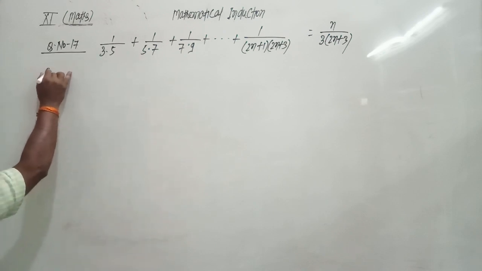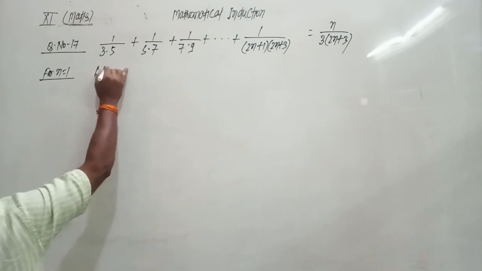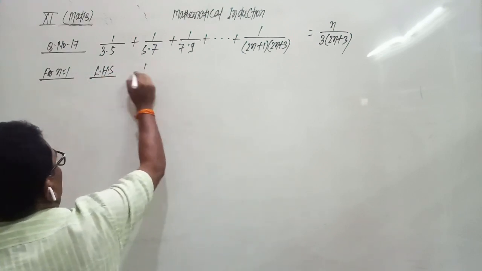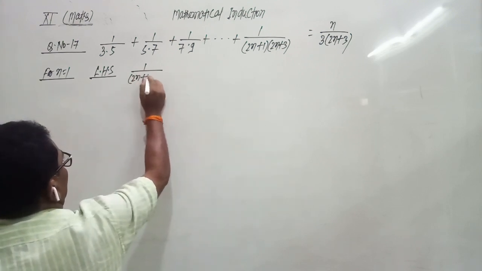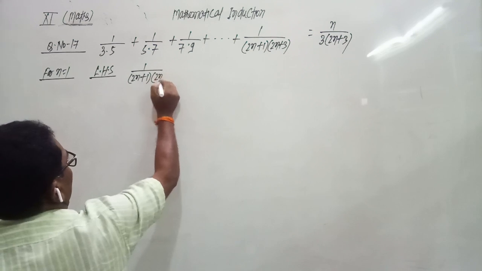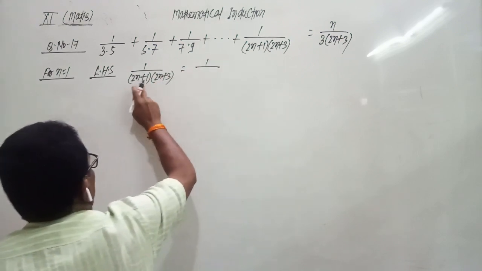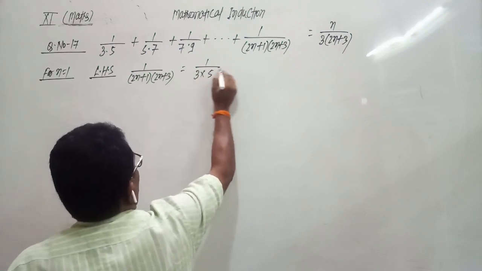So for n equals to 1, we put the value of n equals to 1 in the LHS. So that is 1 upon 2n plus 1 into 2n plus 3. And the value of n is 1. So 2 plus 1, 3. And 2 plus 3, 5.